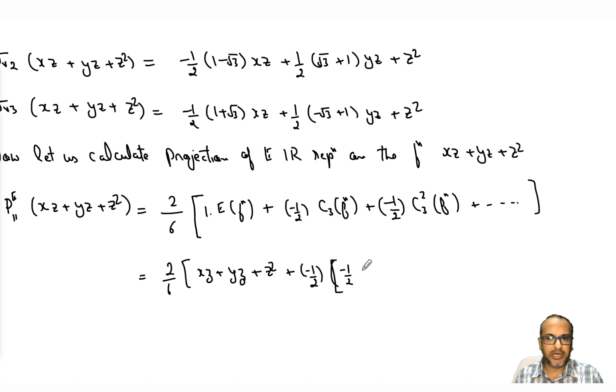Let's use the square brackets again. 1 minus square root 3 xz minus half 1 plus root 3 yz plus z square. So this is the matrix element of C3 multiplied by effect of C3 onto the function. And similarly, you do this.